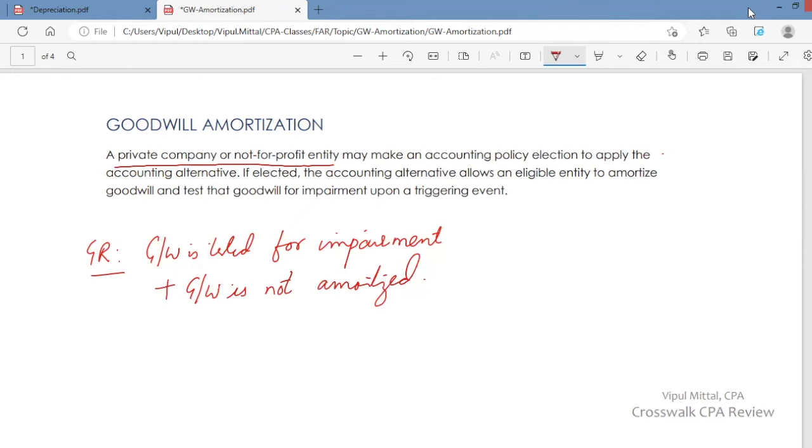If elected, the accounting alternative allows an eligible entity to amortize goodwill. So they can amortize goodwill and test that goodwill for impairment upon a triggering event. So a private or a not-for-profit entity may elect to amortize goodwill, provided they make this accounting policy election. That is, they elect to amortize.